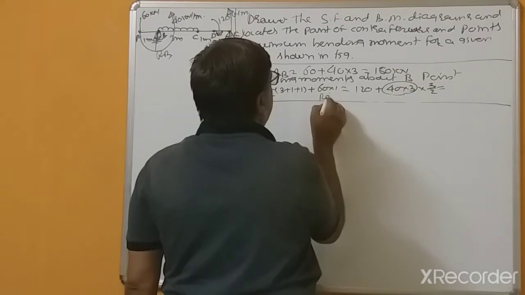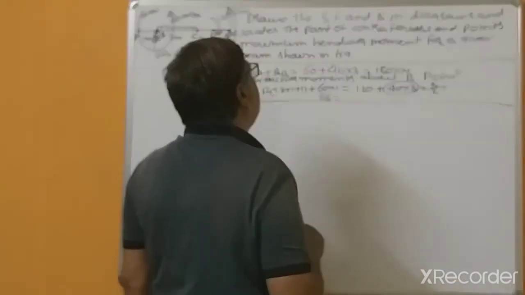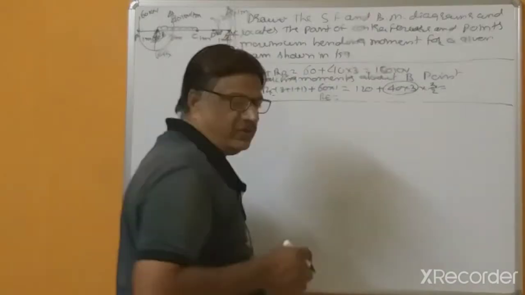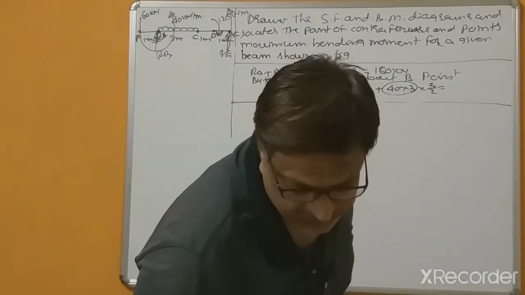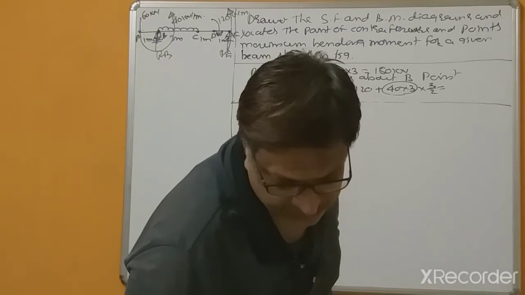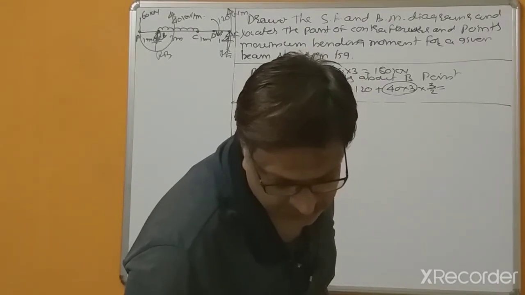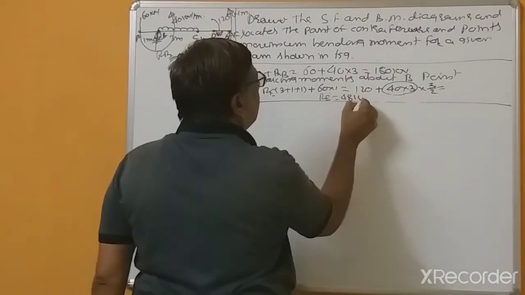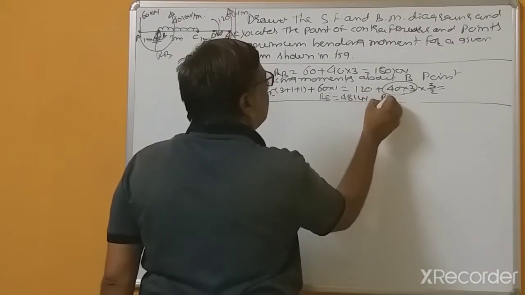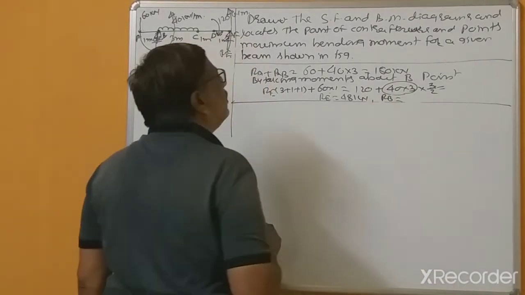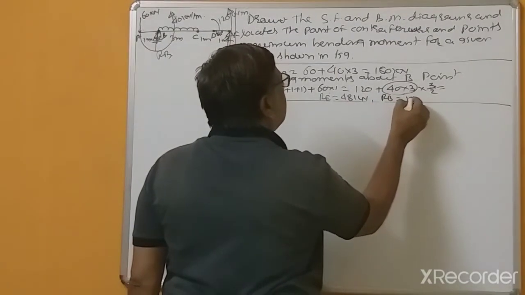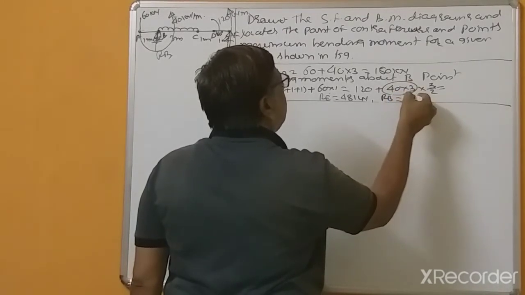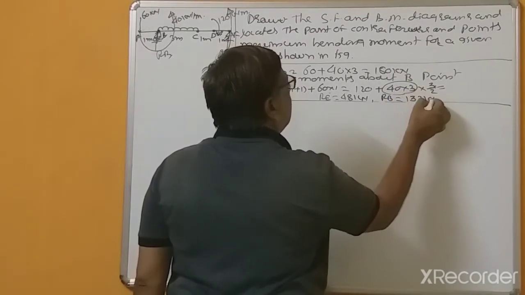So RE equal to 240 divided by 5, which means 48 kilonewton. That's why RB equal to 132 kilonewton.